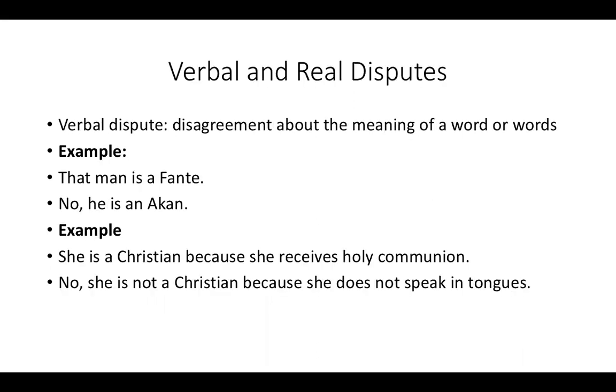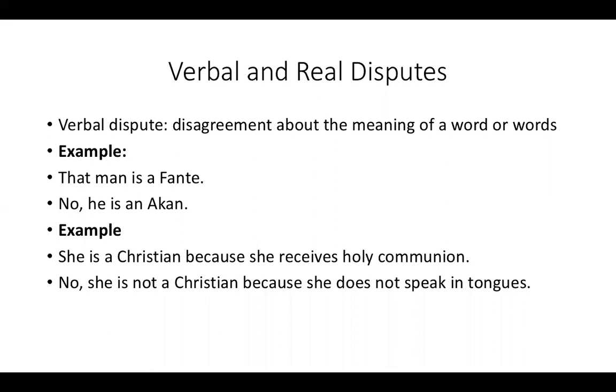Okay, so now let's go to the second topic, verbal and real disagreements. One of the things we know in logic is that the majority of the disagreements in the world arise because of confusion over the meaning of a word or words.